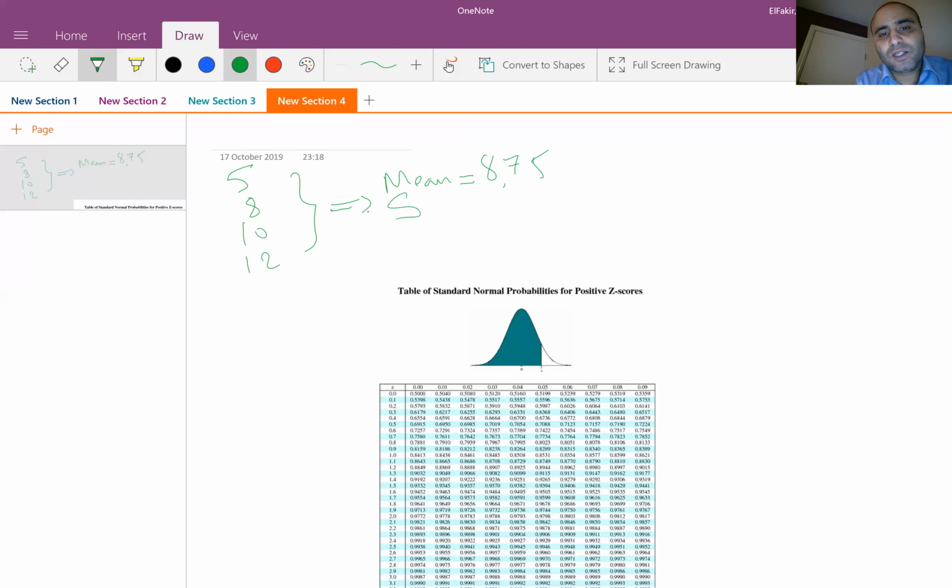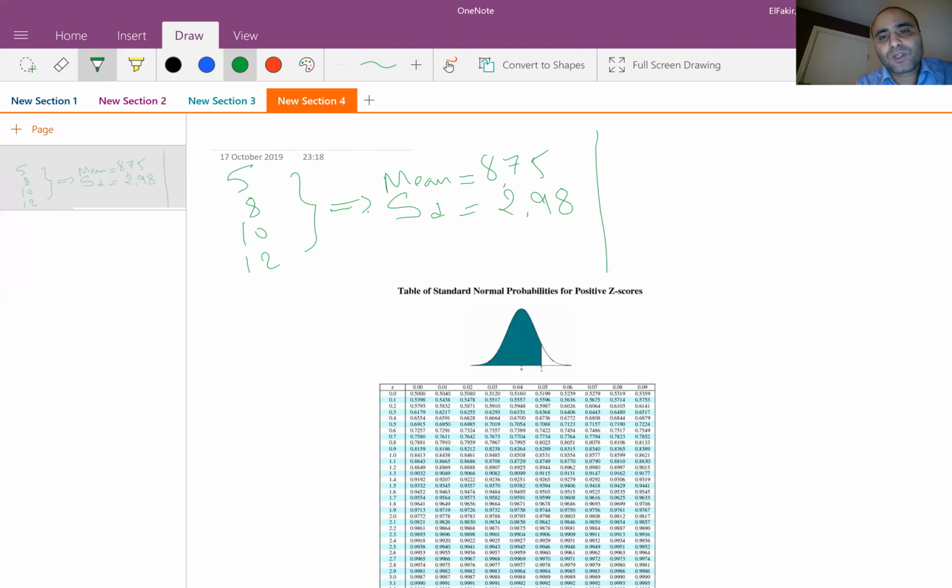We calculate the standard deviation, which is 2.98. Okay, and then from that we can calculate the Z-score for every single value.